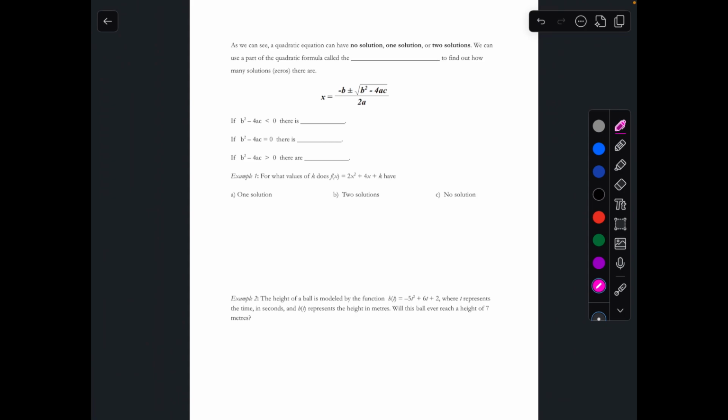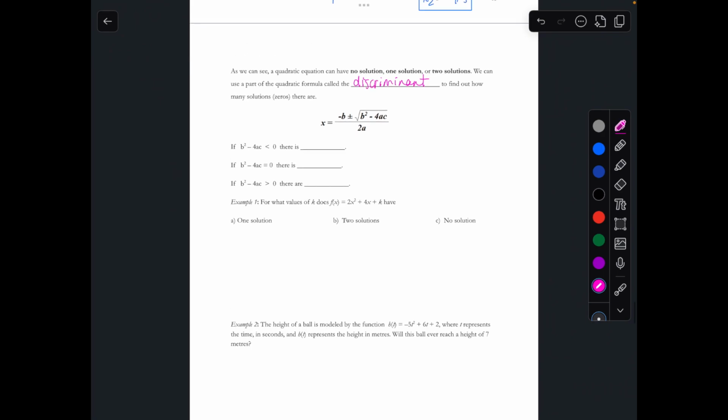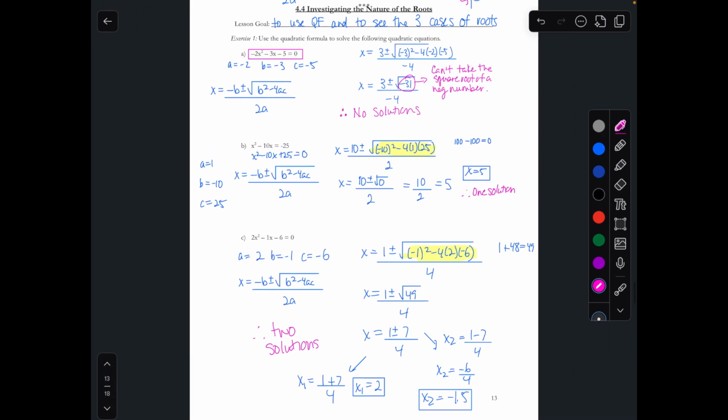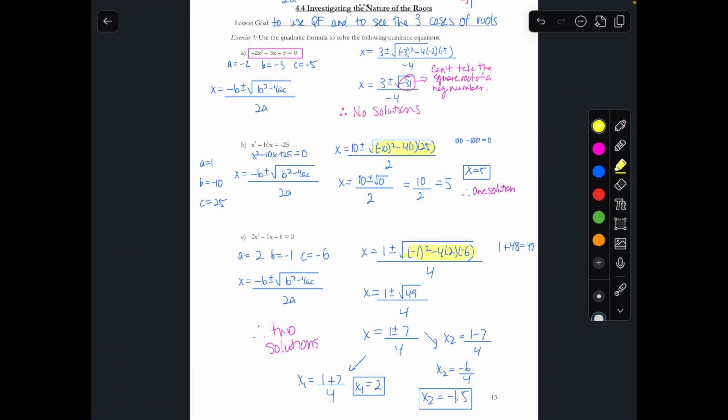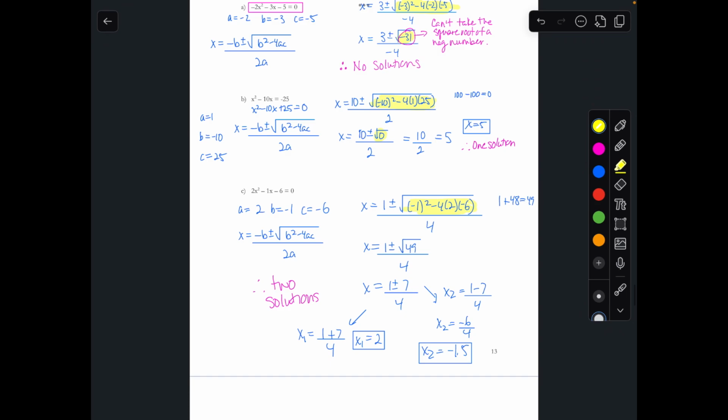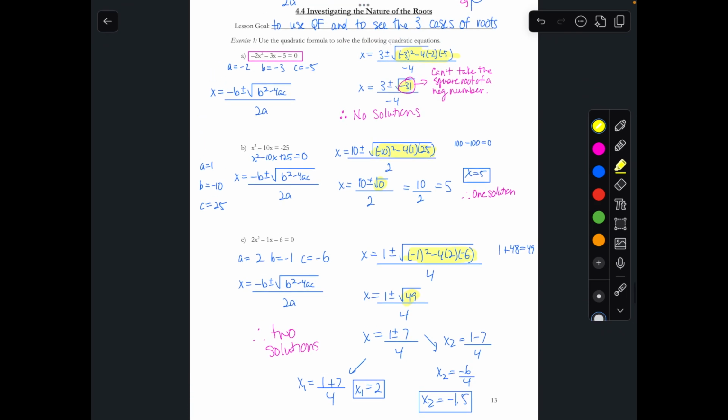If you remember, there's part of the formula called the discriminant, okay, that can help us determine how many solutions we're going to have without doing all that work. So if I look at what I've highlighted under the square root, I can see that my number there will tell me how many x-intercepts I have.